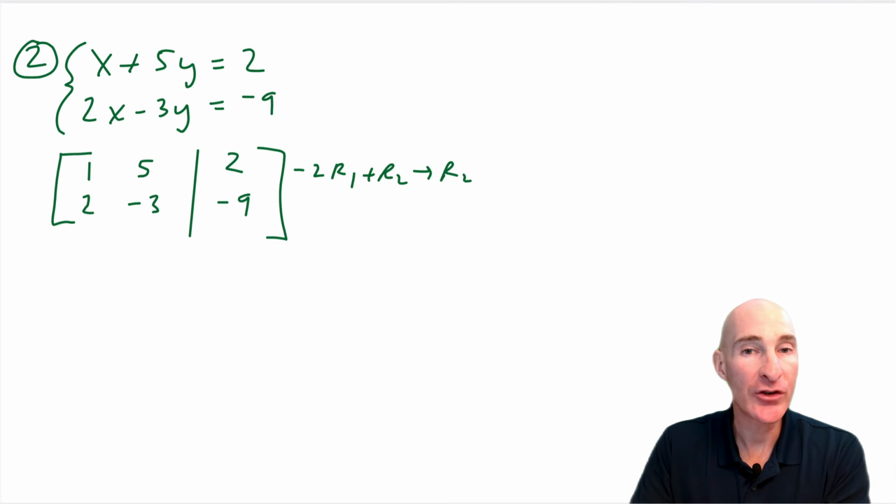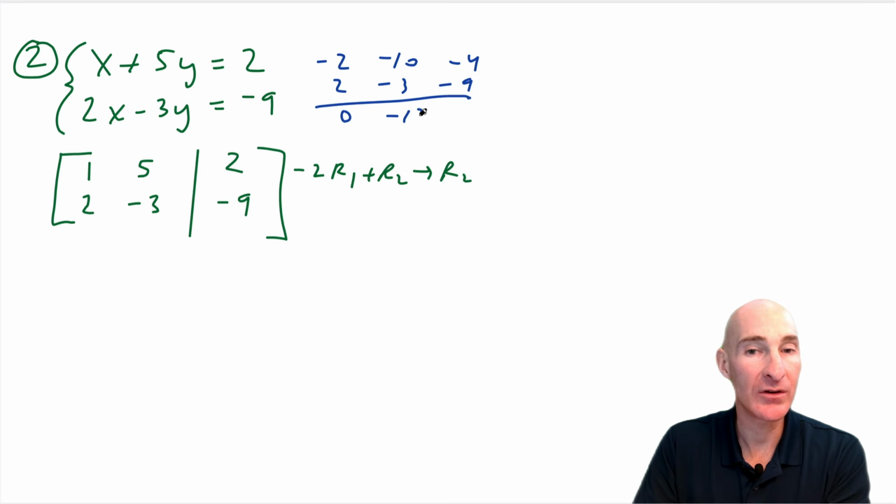So now here's what I was telling you earlier about making some notes to yourself. If you multiply this top row by negative 2, this would be 1 times negative 2 is negative 2, 5 times negative 2 is negative 10, 2 times negative 2 is negative 4, and then the bottom row we're keeping the same, so 2, negative 3, and negative 9. And then we're adding those together, so 0, negative 13, and negative 13, and we're putting that in the bottom row.